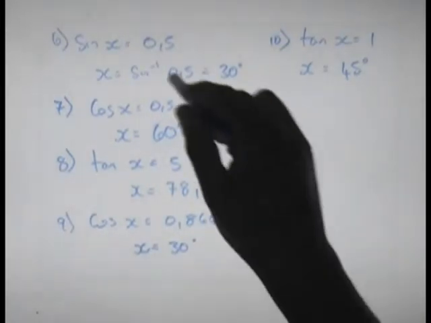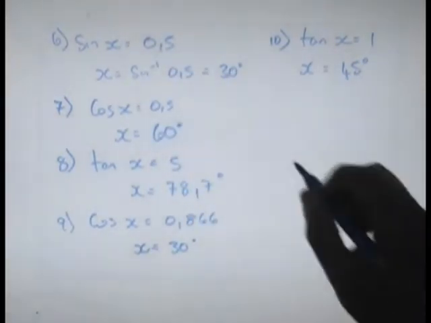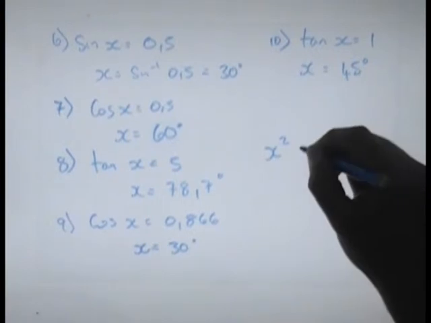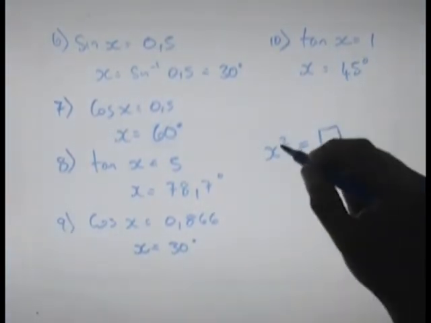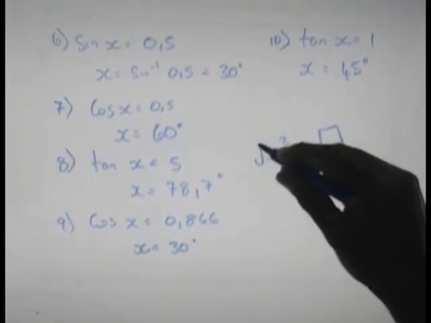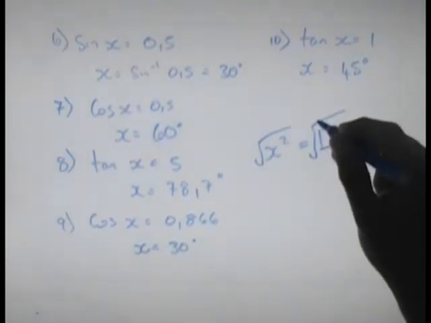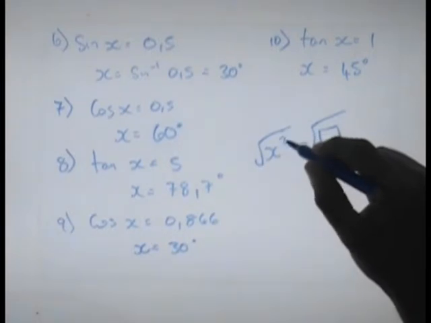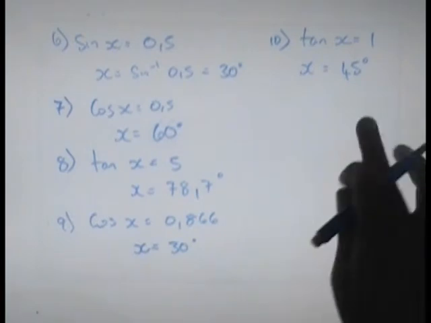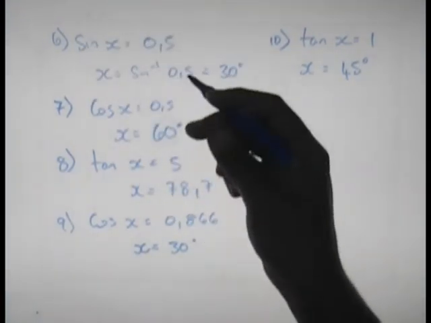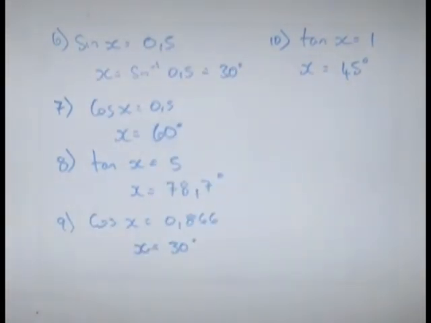It's just the inverse of sine. The same way, when we have x squared is equal to whatever, in order to get rid of the squared, we square root it. That means that the square root is the opposite function to the squared. The same way, sine and sine second function on your calculator are the opposite functions of each other.